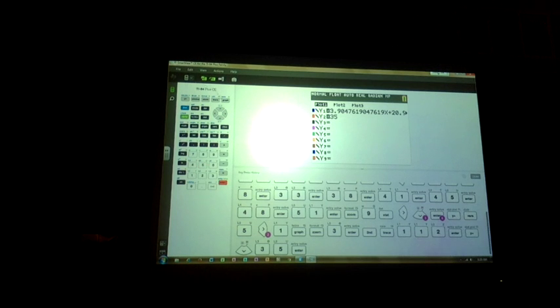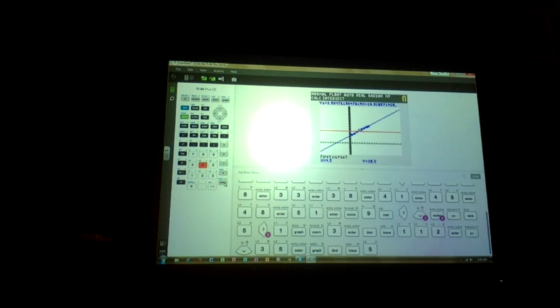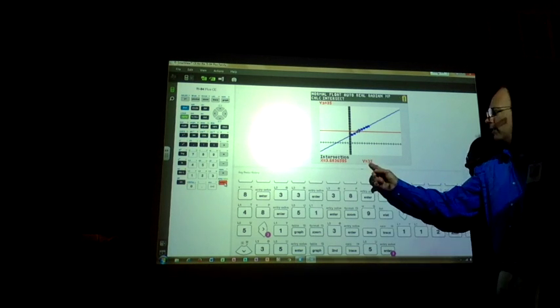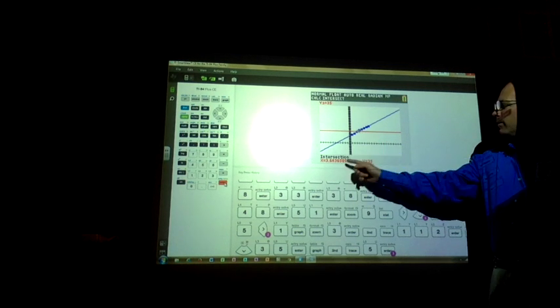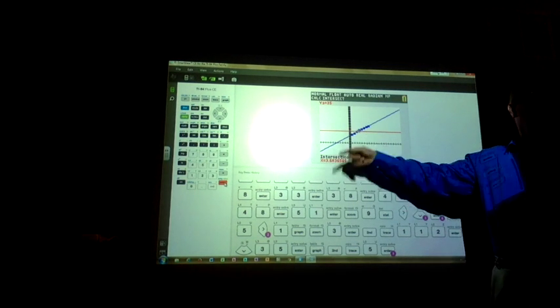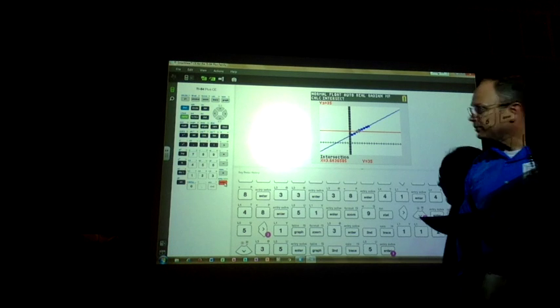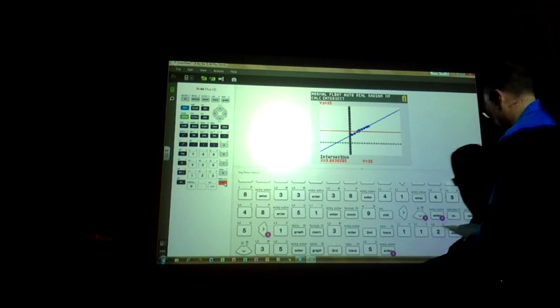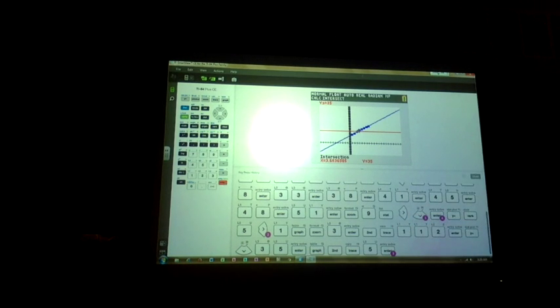So if that was the case, and if you hit graph, you're now going to look for the intersection of that line right there. And that's under second trace or calculate. We're going to find an intersection. First line, second line, guess, no, third line. So when the person is 35 inches tall, they are 3.6 years in age. Okay? All right. We don't need this up there anymore. Let's get rid of this.